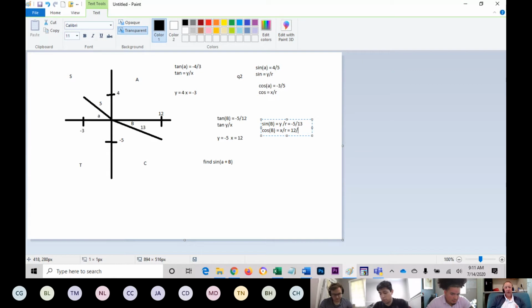R is your hypotenuse. Oh, sorry, 13. And is the cosine positive or negative in quadrant 4? Negative. No, remember, it's positive. All students take calculus, right?